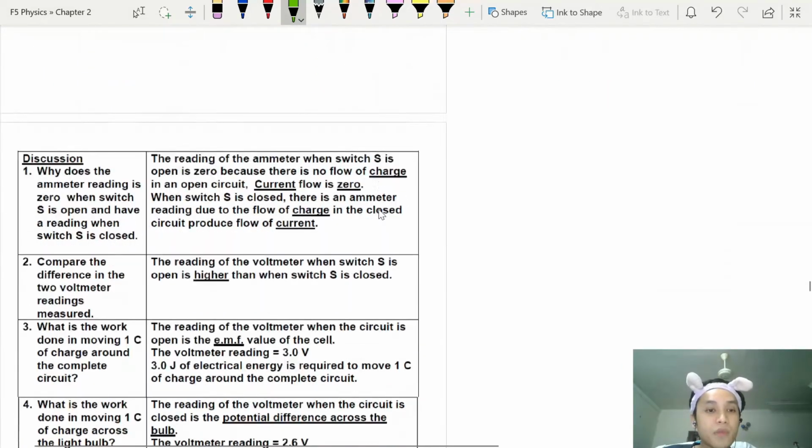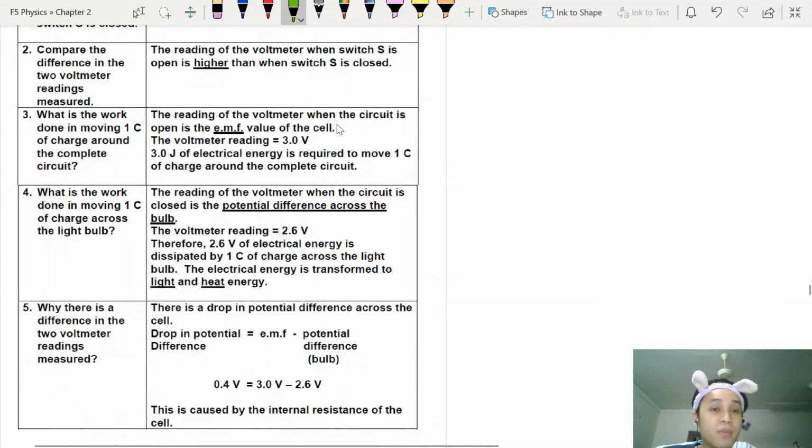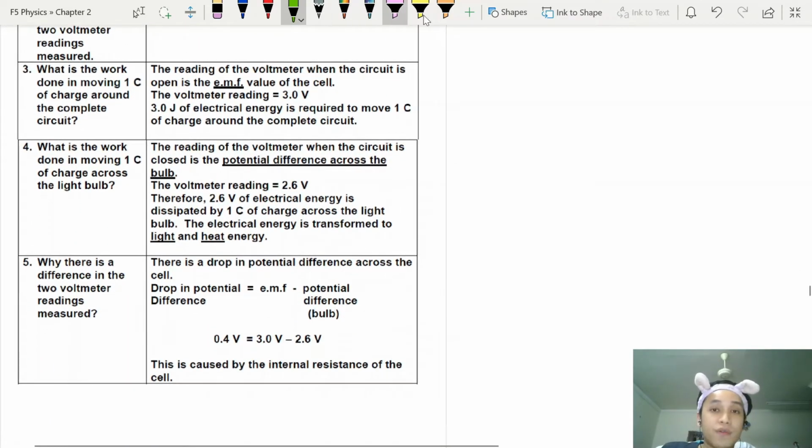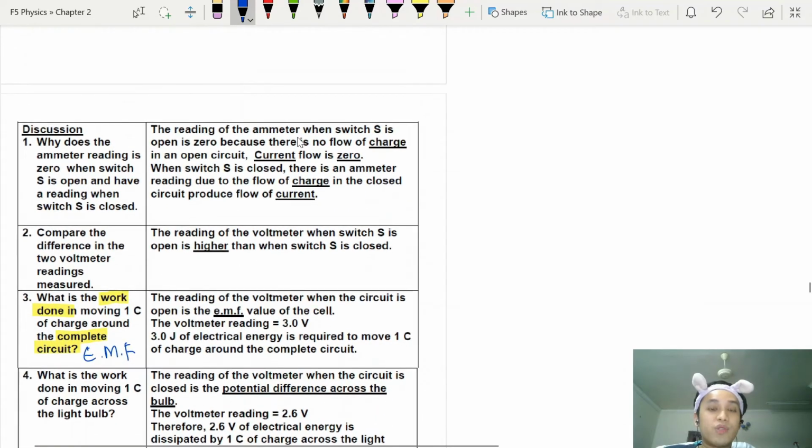So if you see here, the explanation here is given here. Compare the difference. Now for this one, if they ask you what is the work done in moving 1 coulomb charge around the complete circuit, meaning this one they are asking for the EMF. So work done, remember if you say 3 volts meaning 3 joules.